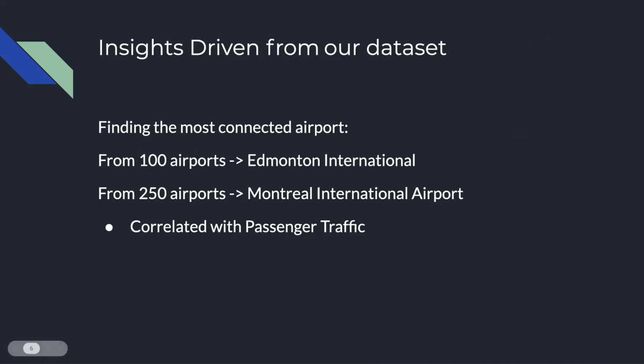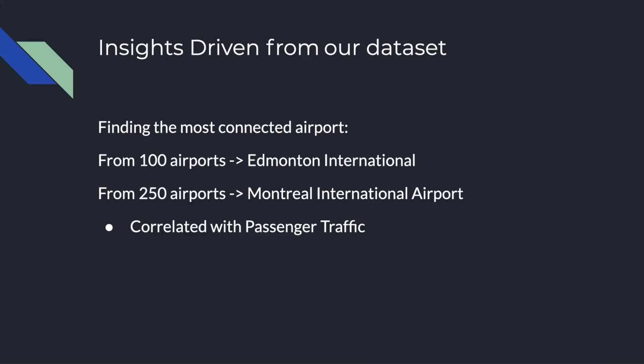So now let's talk about the insights derived from our dataset. One of the things we were able to find was the most connected airport. When we examined the first 100 airports in our dataset, we found that the most connected airport was Edmonton International Airport. When we examined the first 250 airports, it was Montreal International Airport. We found that the most connected airports had a correlation with passenger traffic.